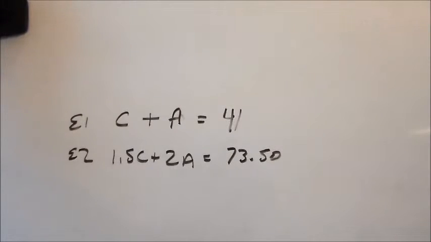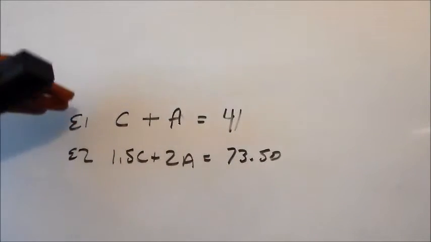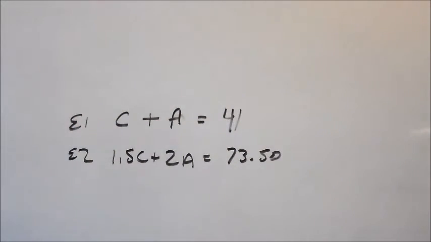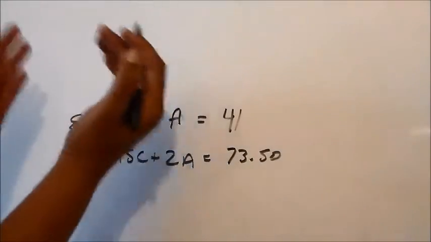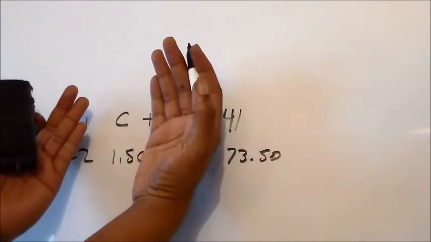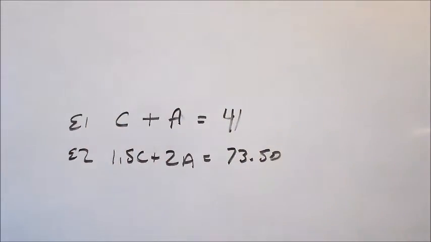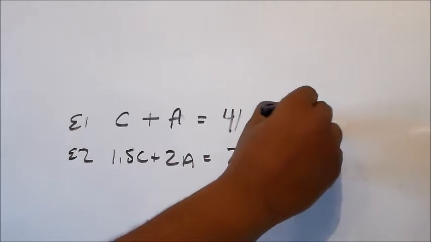Now again, I talked about manipulating. When we do systems of equations, we can manipulate equation 1. We want to isolate C, so we multiply equation 1 by -2.